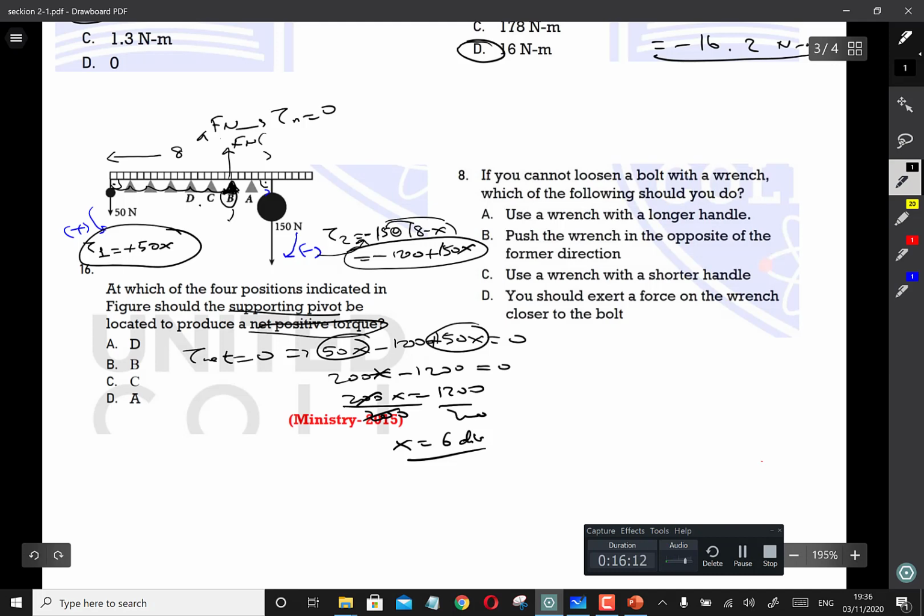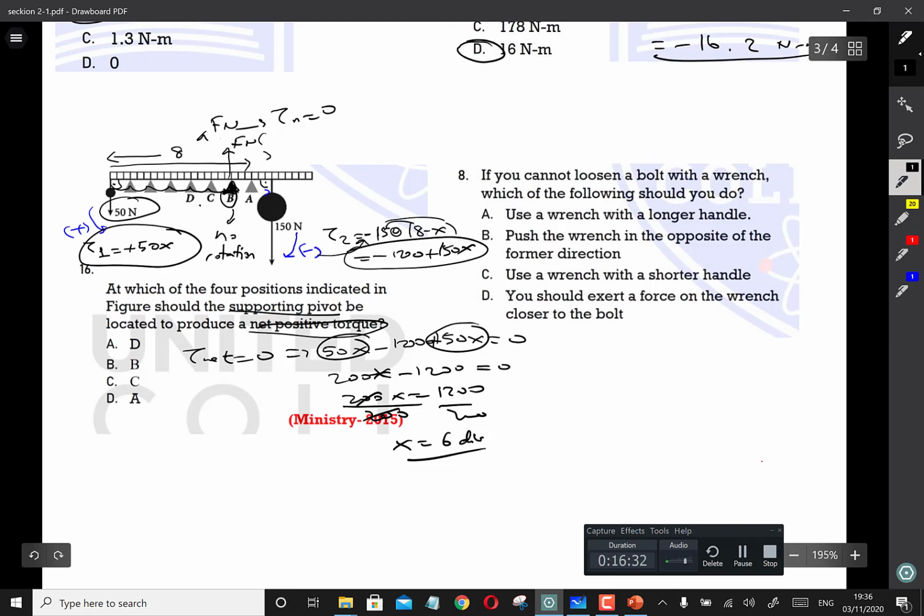This is the no rotation point. Net torque is equal to 0. But we should make a net positive torque. Which one produces net positive torque? 50 Newton produces positive torque, and to make the 50 Newton produce more torque, you should make its distance longer.